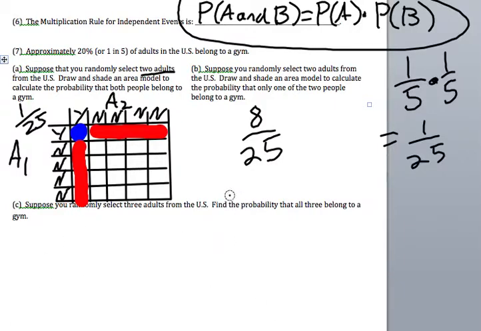Question C, we're not going to do an area model. We're just going to use the multiplication rule. We have 3 adults. Each one of them has a 1 in 5 chance.